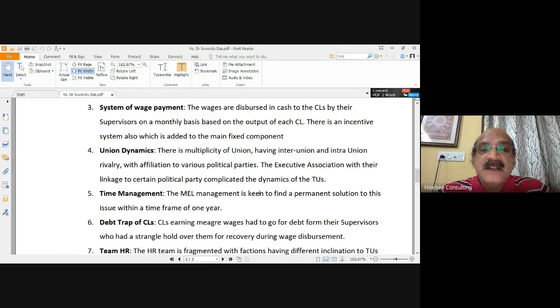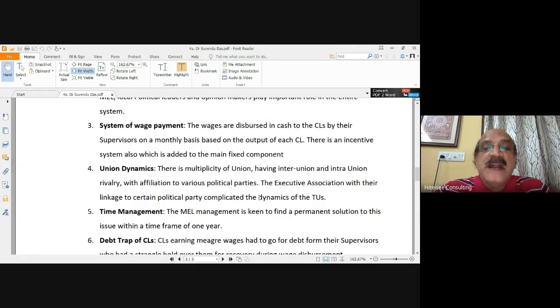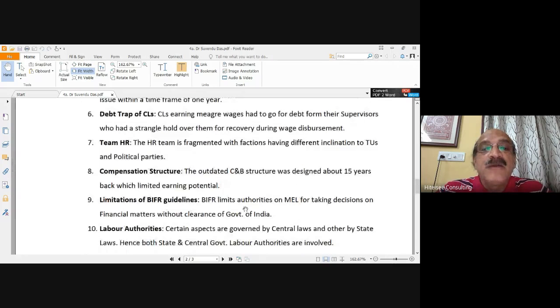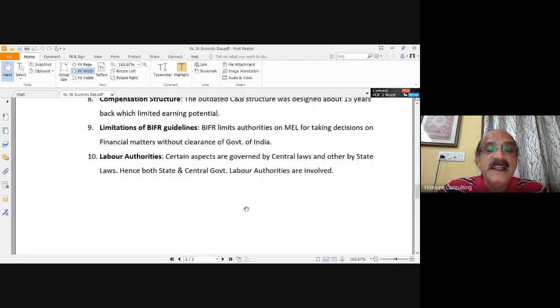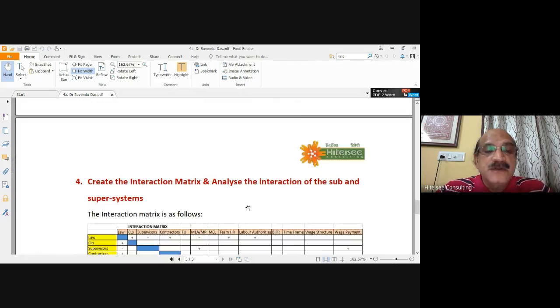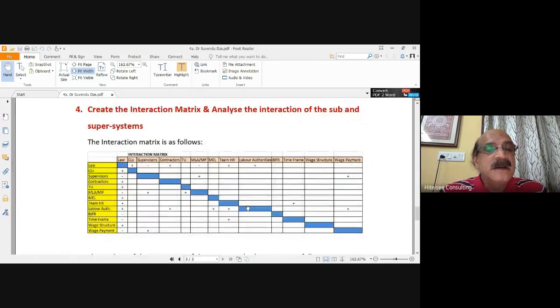My CEO gave me a target: Suvendu, please try to resolve this issue within 1 year's time. So the time was running out. I discussed with all the stakeholders, then considered the different aspects, and the interaction matrix is based on those aspects.